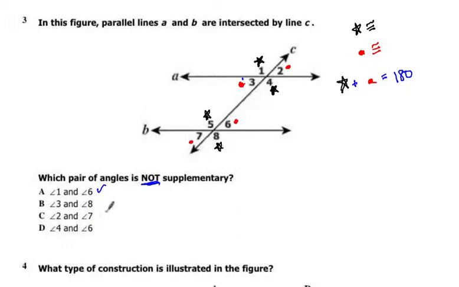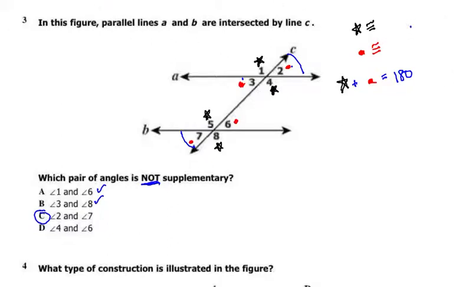Circle, star. That works also. 2 and 7. Circle, circle. Let's not stop there. Let's keep going and check. 4 and 6, because we could have easily made a mistake to begin with. Nope, they're supplementary. So our answer should have been 2 and 7, they are congruent. All right, any questions about that?